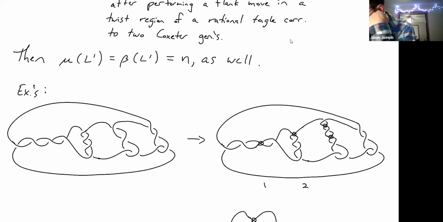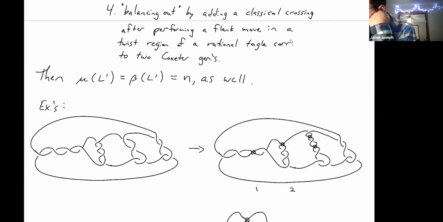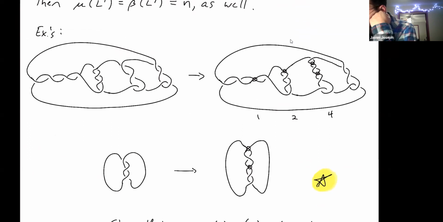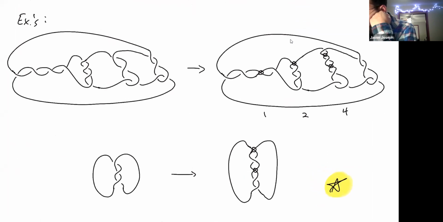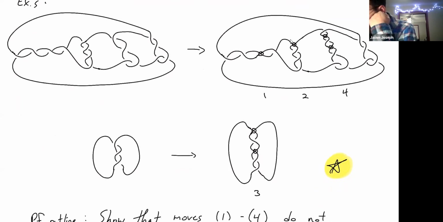And then this one, we had 2 positive crossings. Now we have positive, virtual, positive, virtual, positive. So this is that thing about balancing out after doing a flank move. So that's type 4. And then this is the flank switch. So this is 3. Notice this is the example I showed earlier.